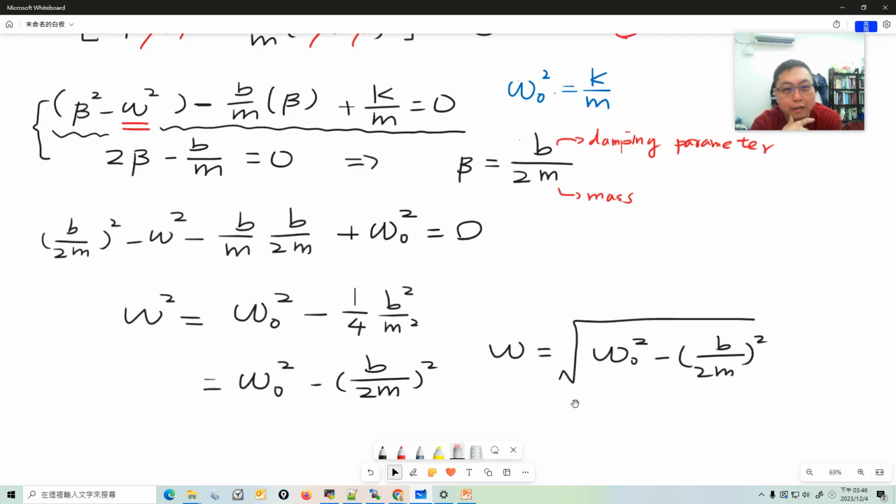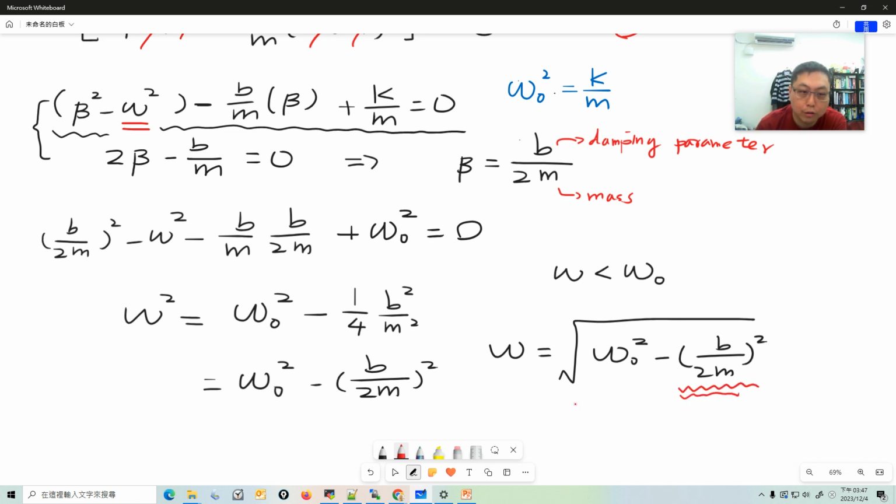And you will find in a damped oscillation, your oscillation frequency is no longer the natural frequency, the square root of k over m. Your oscillation frequency is smaller than the natural frequency, and it is controlled by your damping parameter.